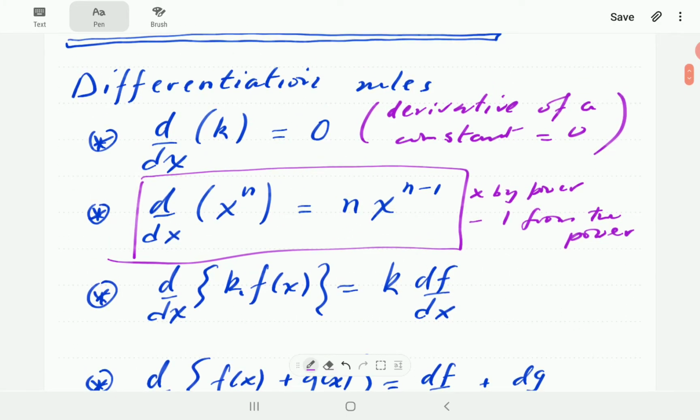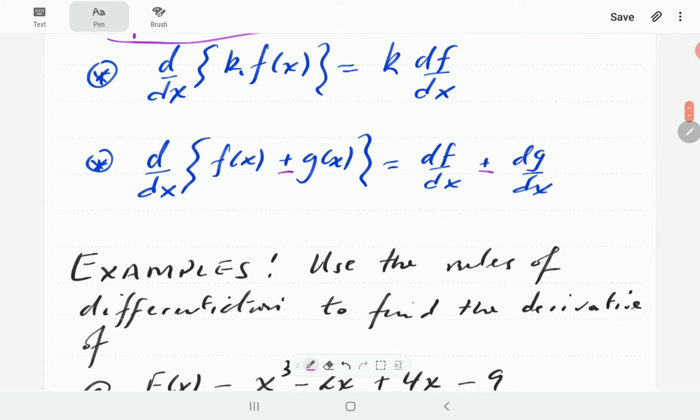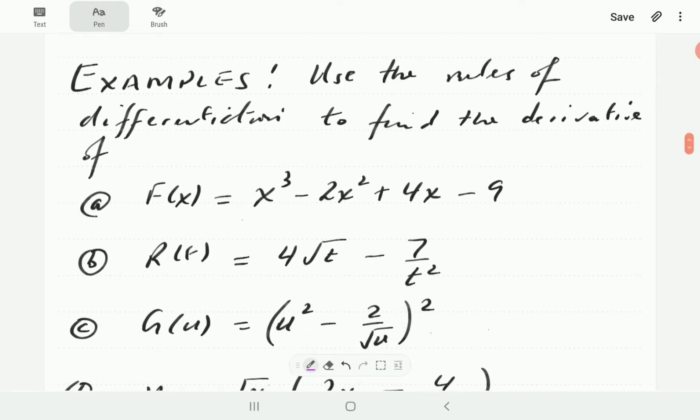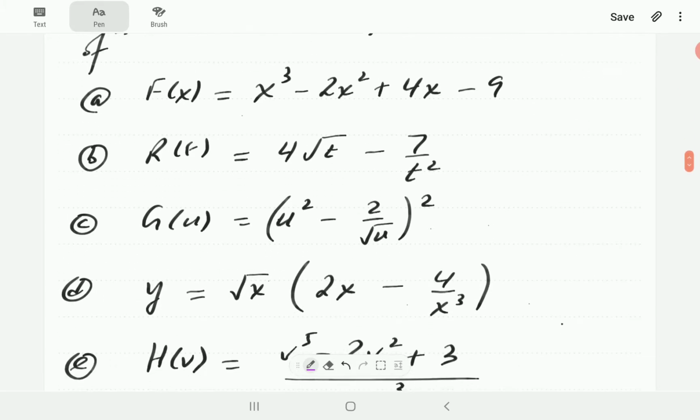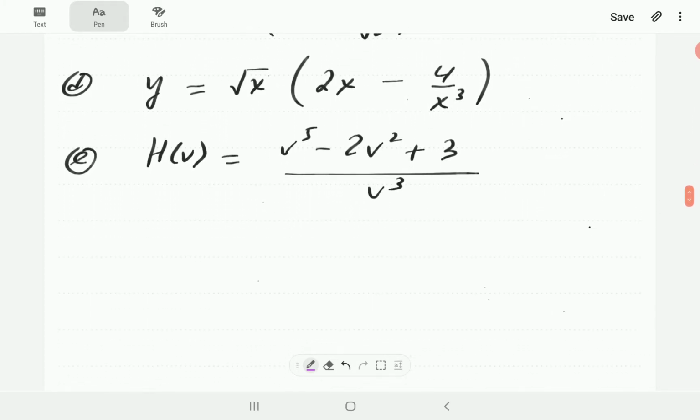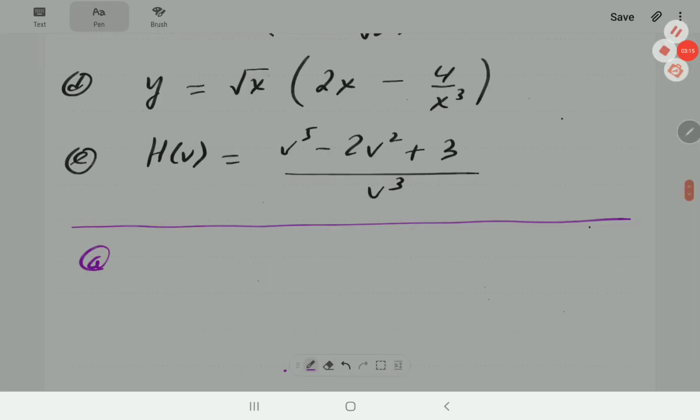In fact, in that series of videos, we derived this rule number 2 here. But you're going to notice that using the rules of differentiation, we managed to get the derivative much quicker. So let's start with example number A.